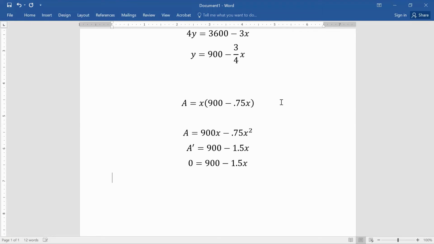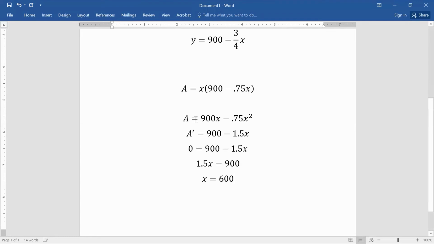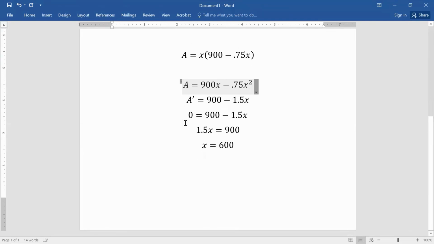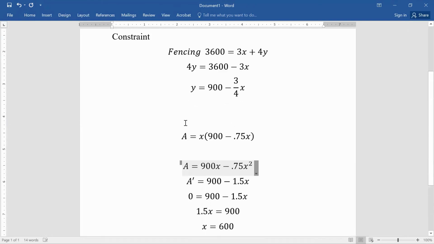If I solve 0 equals 900 minus 1.5x, I would add 1.5x to both sides, then divide by 1.5 to get x equals 600. This means that the length of the pen should be 600 feet.